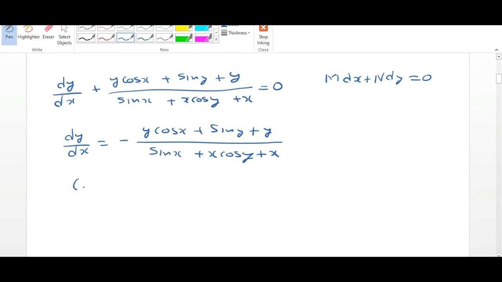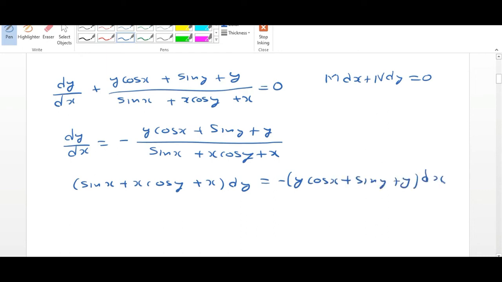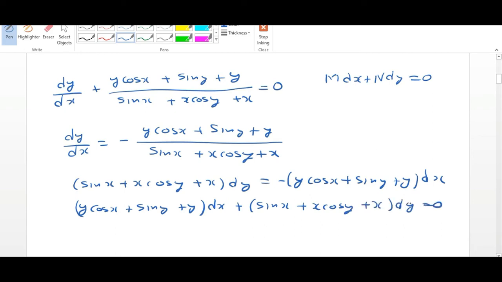So from here it comes to be (sin x plus x cos y plus x) dy minus (y cos x plus sin y plus y) dx, or we can write it as (y cos x plus sin y plus y) dx plus (sin x plus x cos y plus x) dy equal to 0.